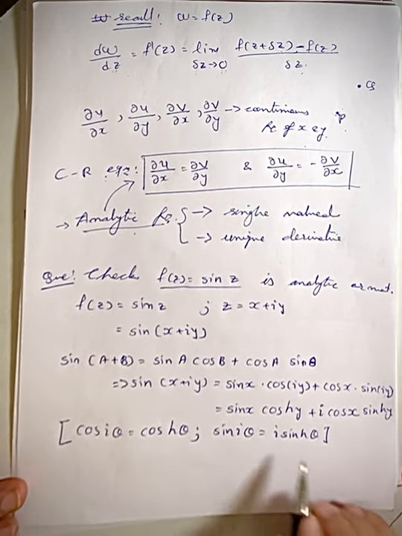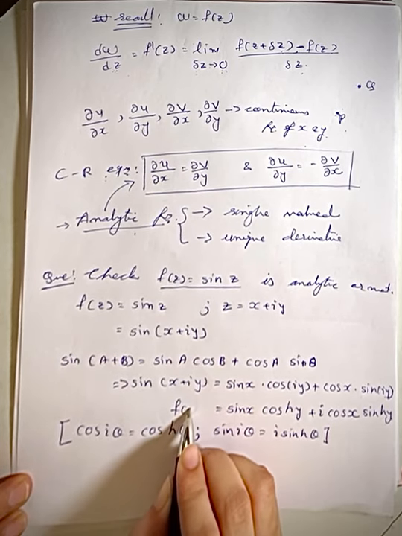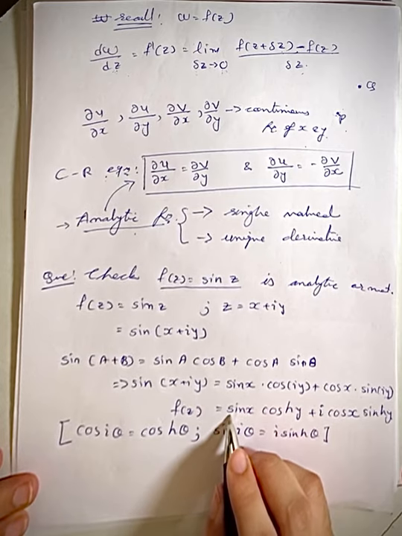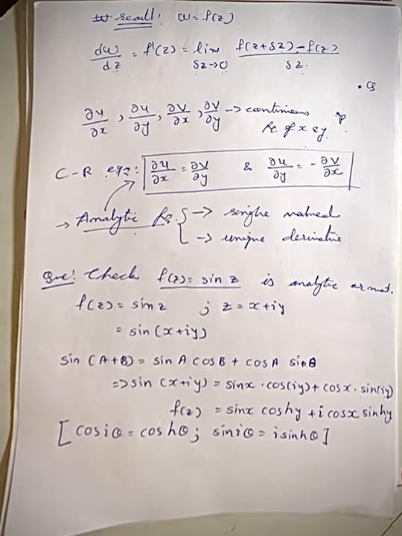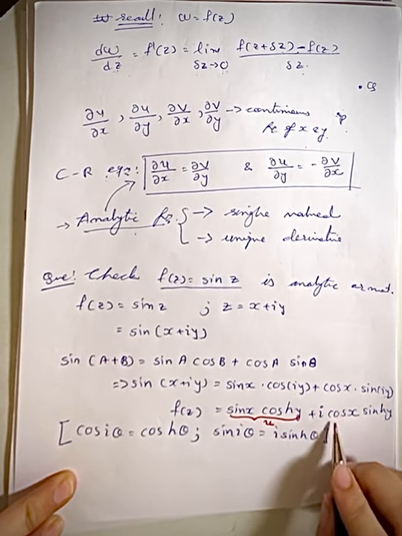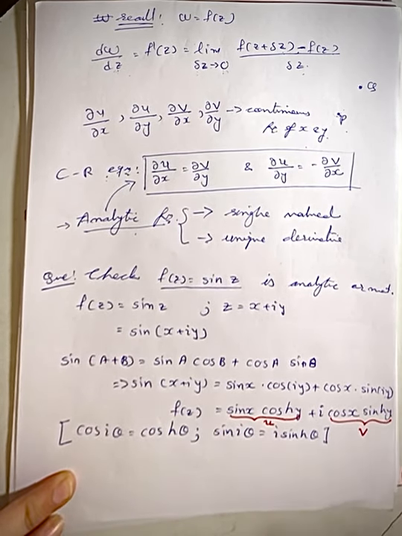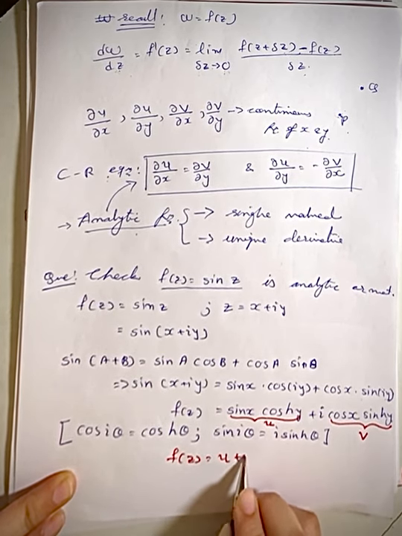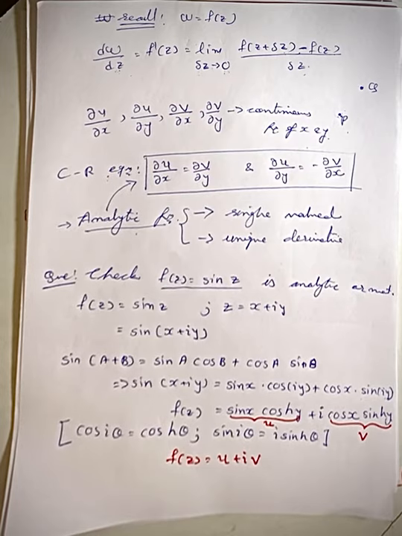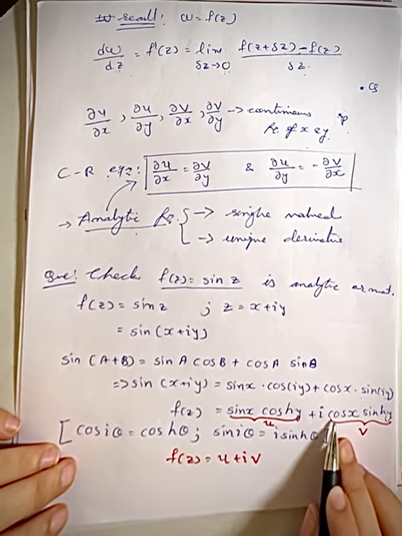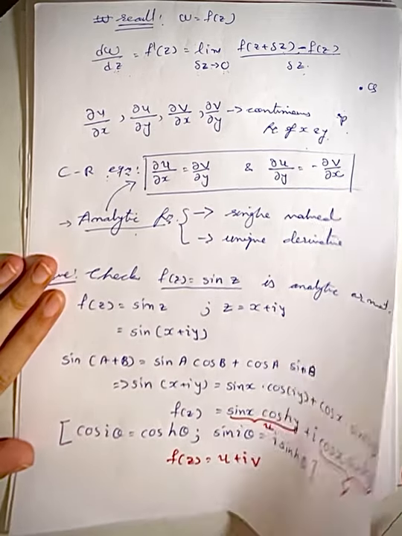Now this is your function f of z. This first term is u, and this is v, so you have the form f of z equals u plus iv.